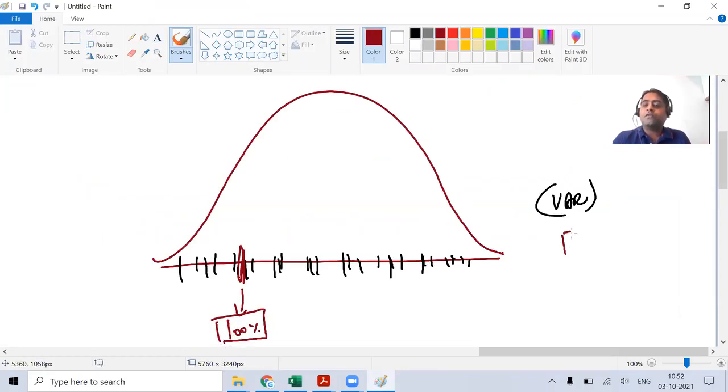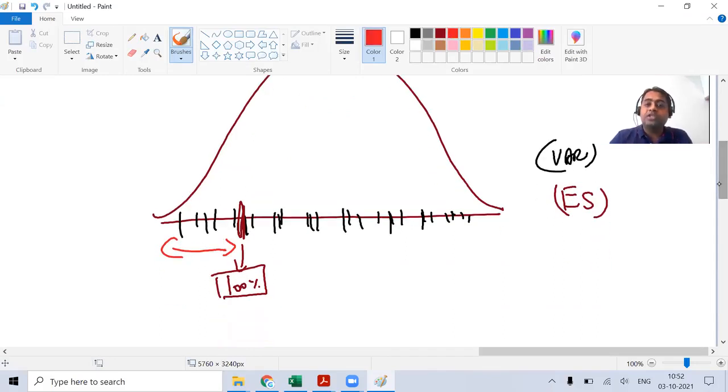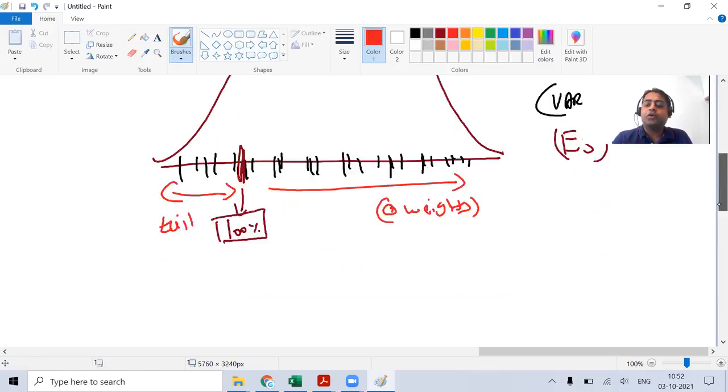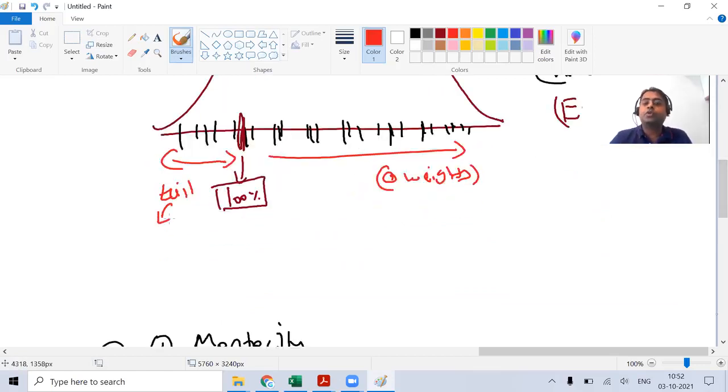What was expected shortfall? Expected shortfall was saying that I'll give weightage to every data point, but I'm going to take this tail and give equal weightage to this tail, and everybody else will get 0 weightage. This is again what I have been talking about.